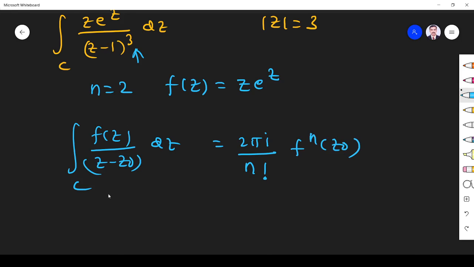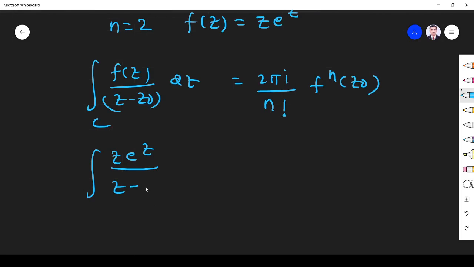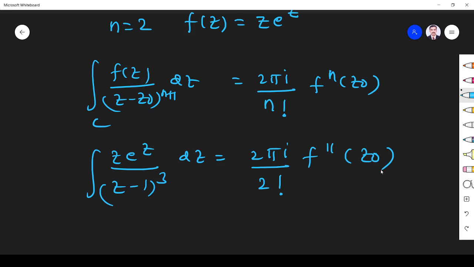So for my problem, z minus z naught is z minus 1, z naught is 1, cubed, so it is n plus 1, right? So the integral is given by 2 pi i. n is equal to 2, n plus 1 is equal to 3. So 2 factorial into f double dash of z naught.